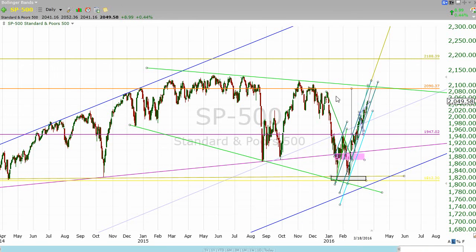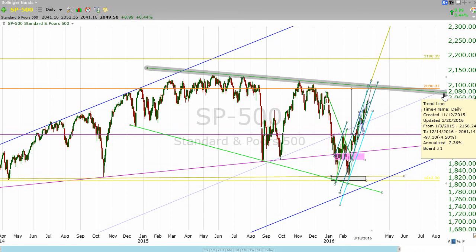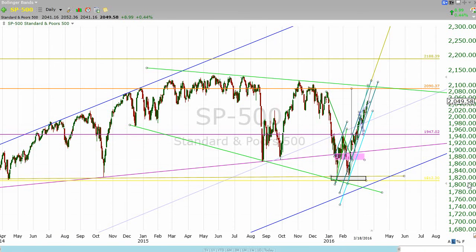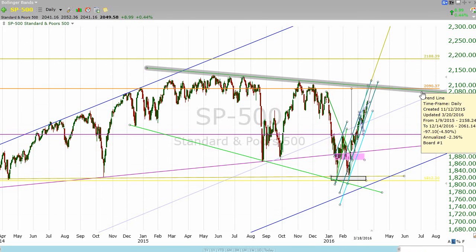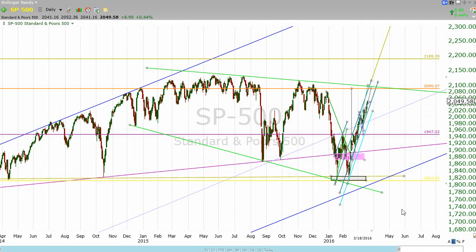If we were to hit this line at 2090 and then back up a bit and then come back for another go at it, then you see what I'm saying? It's possible we could be setting up yet another inverted head and shoulders consolidation pattern, where this would be the left shoulder, this would be the head, and then maybe a right shoulder over here.